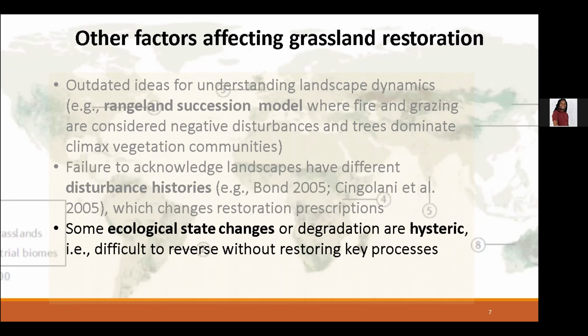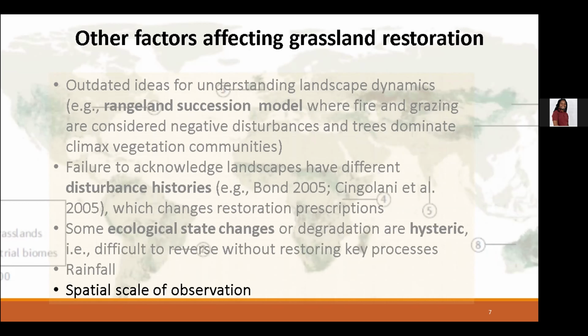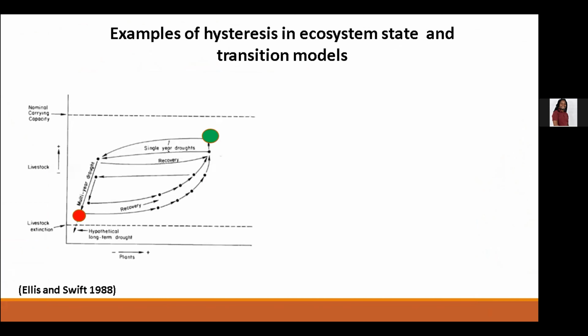A reason why we have to think about restoration is that there are some states that are difficult to reverse, and they're hysteretic, because for you to reverse the state, you have to restore some key processes that are important for maintaining that particular state. Rainfall is also another key driver, and also the spatial scale of observation. So an example of hysteresis here, for instance: the green state is the desirable state and the red state is the undesirable state.